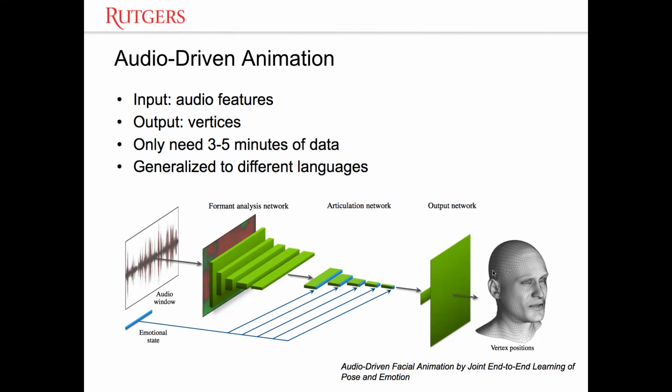So it's actually a surprising thing. The face representation of this work is the raw face vertices. And they claim that it only needs 3 to 5 minutes of data to train this, so it's actually pretty powerful. Recently we have a production based on this work from NVIDIA. It's called Omniverse Audio2Face, if you have heard of that.